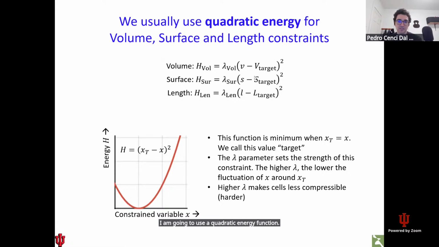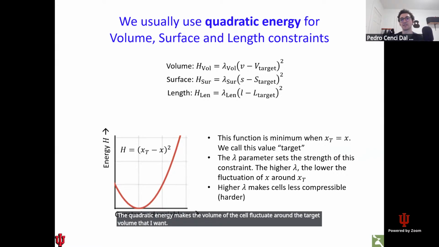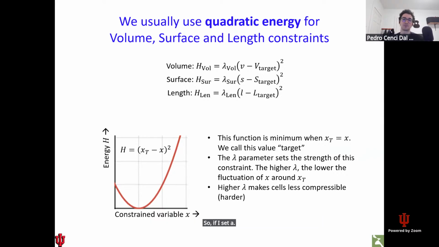The quadratic energy makes the volume of the cell fluctuate around the target volume that I want. So if I set a target volume equal to 10, the volume of the cell will fluctuate around the value 10. And this quadratic energy is commonly used for constraining any kind of variable.